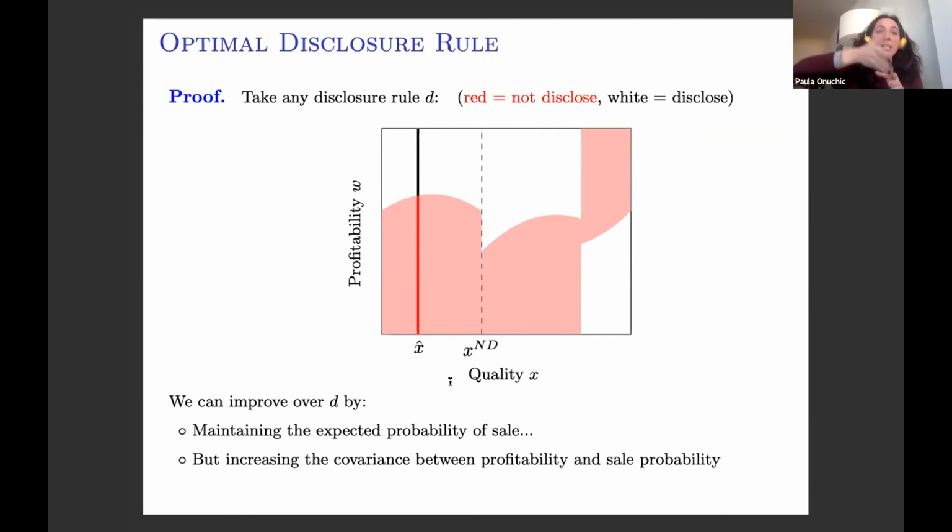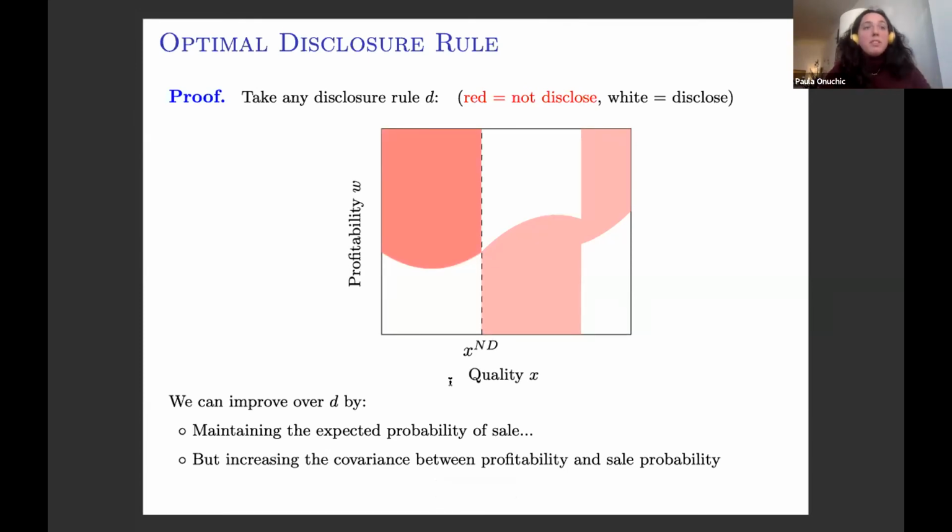So if I maintain the probability that I am disclosing given the X hat and I just flip it, to the receiver, that makes no difference. But to the sender, that is very good because it improved the covariance between the profitability and the sale probability, okay?